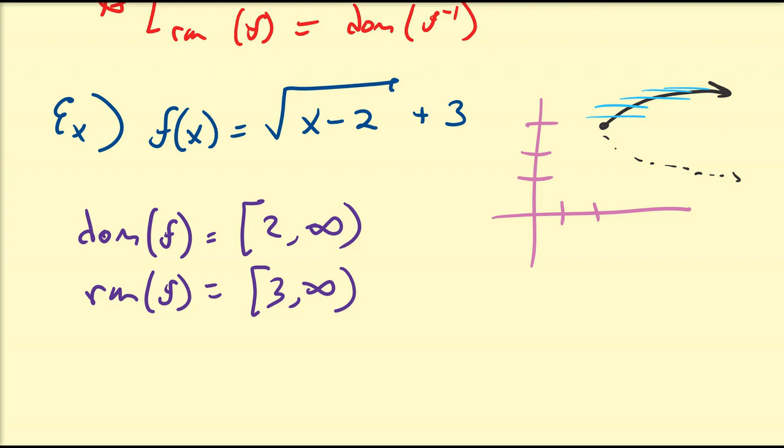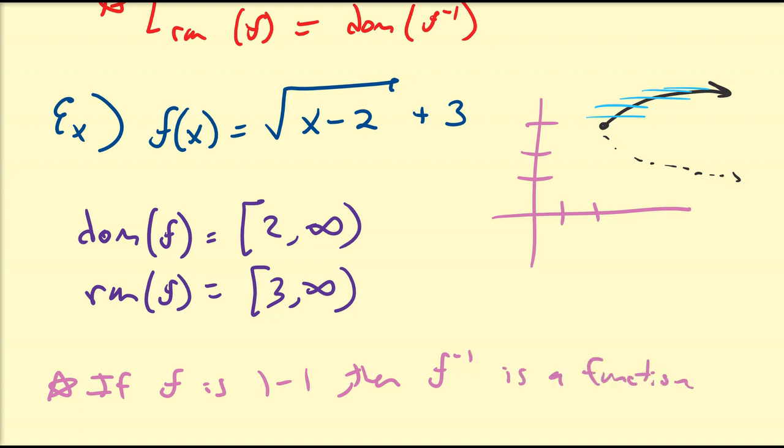As a result, since the horizontal line test is y equals graphs, and vertical lines are x equals graphs, that's an important observation. So if f is 1 to 1, then its inverse image, f inverse, is a function.